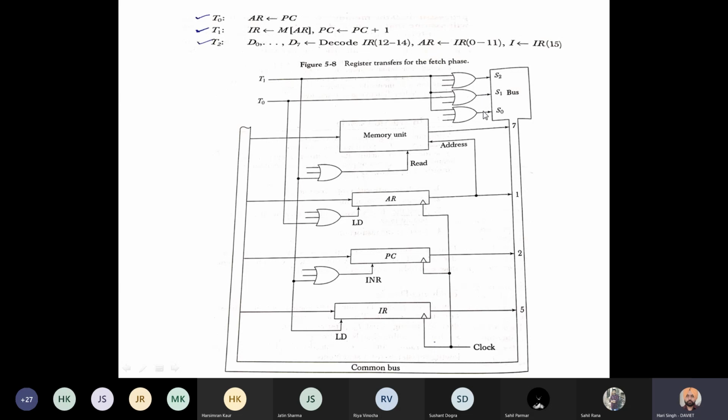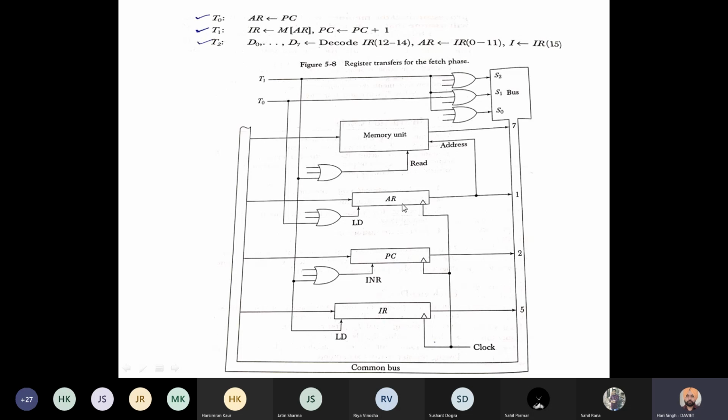So 1, 0, 1 is related to the AR register, so the AR register will be selected during the first T state. Simultaneously T0 is also connected to the load pin. Load means the write pin of the AR register. So a value from the program counter will be received and placed in the AR register.